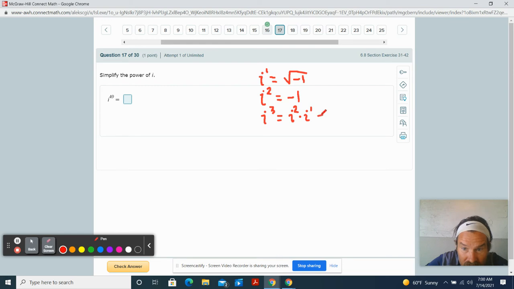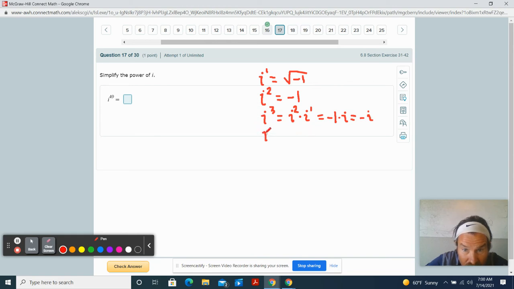Okay, but what is this? i squared, by definition, is -1. So this is really -1 times i. Well, what's -1 times i? -1 times i is -i. That's pretty weird. i cubed is actually equal to -i. It simplifies to -i.